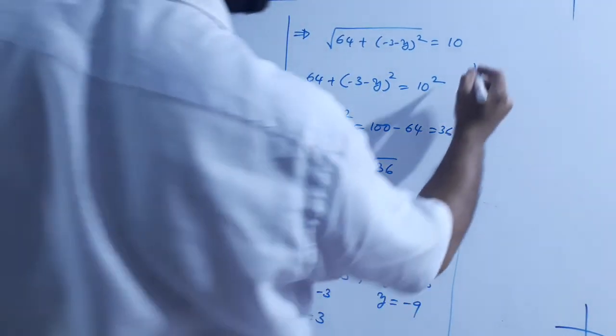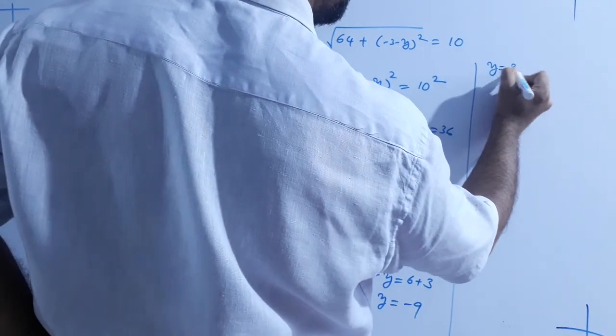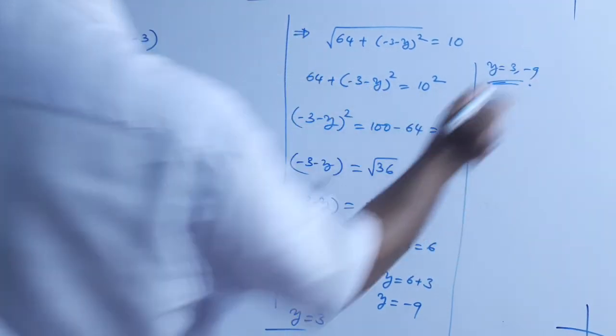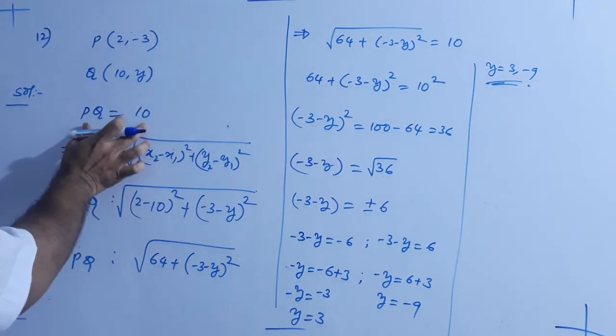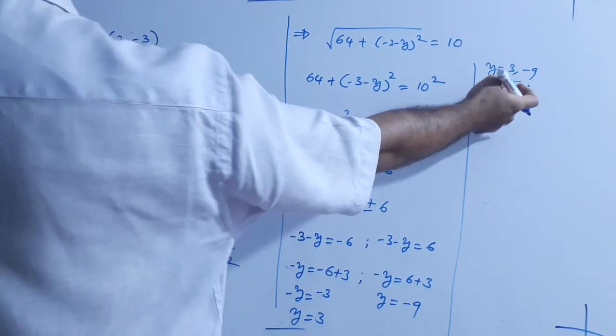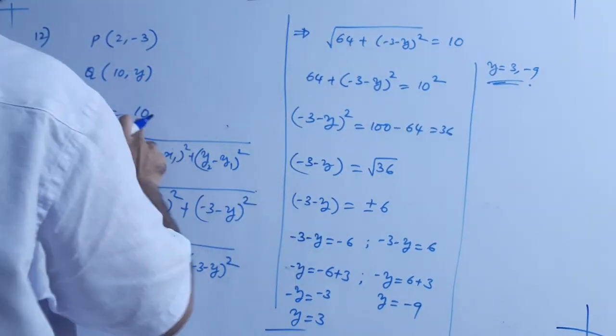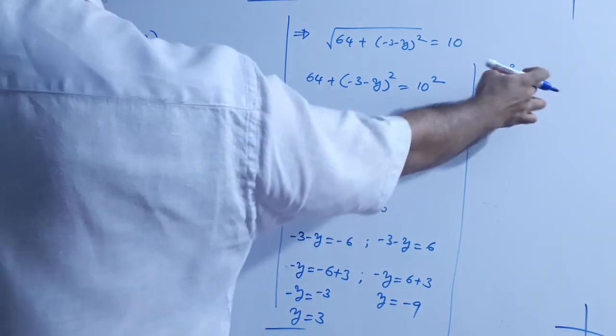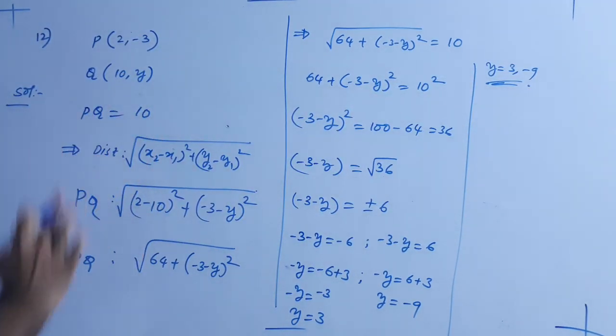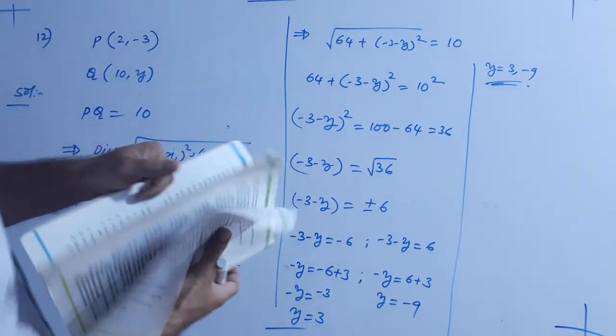So y equals 3 and minus 9, we have two values of y. For both the values of y, this condition will be satisfied. If you take the point (10, 3), you get the distance as 10. If you take y as minus 9 also, we get distance as 10. You can cross check it.